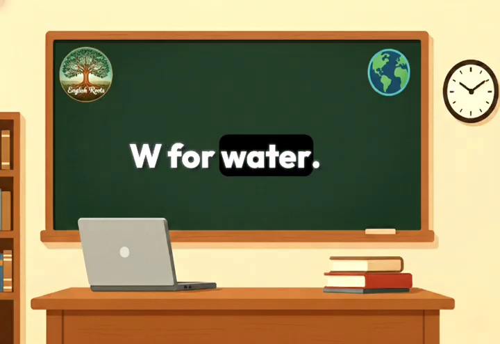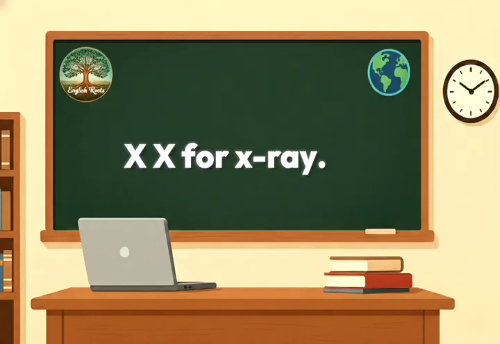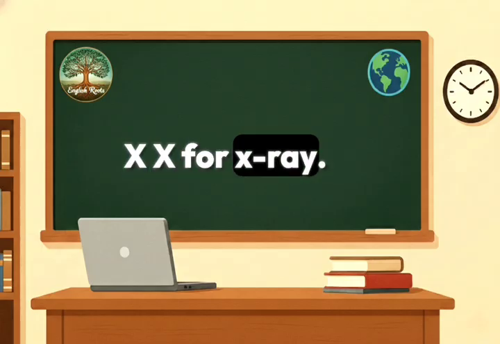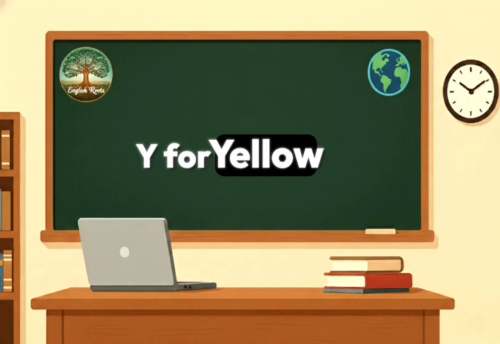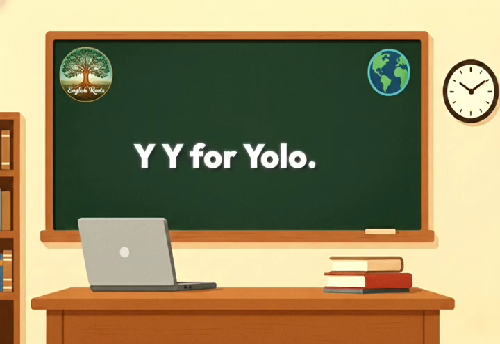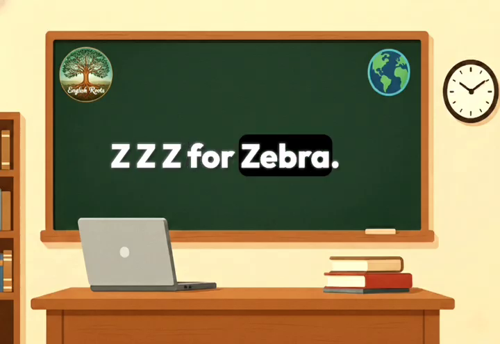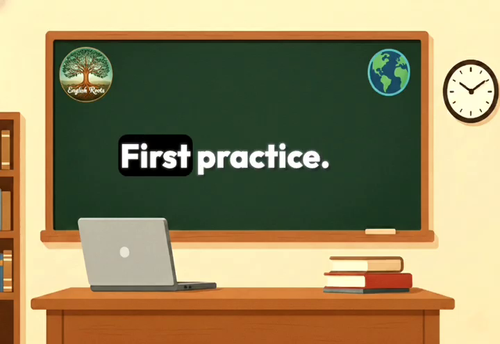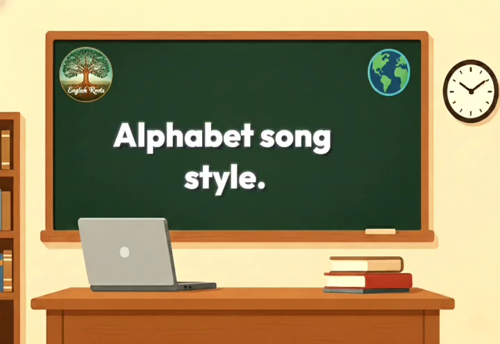W for water. X for X-ray. Repeat after me. X for X-ray. Y for yellow. Repeat after me. Y for yellow. Z for zebra. Repeat after me. Z for zebra. First, practice alphabet song style.